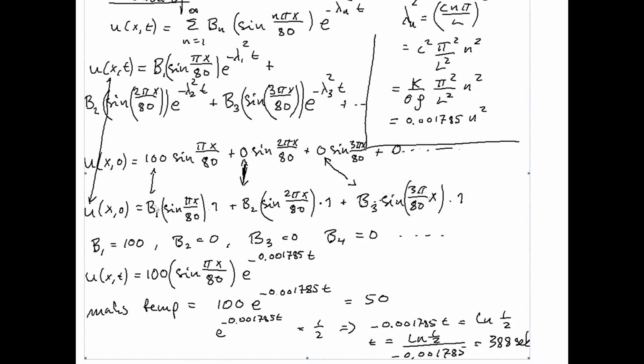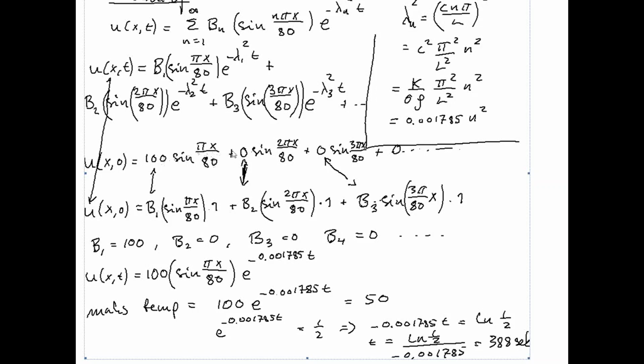And just to compare, this term is very similar to this term, and in such cases, when there is such a similarity, it's rather easy to find the coefficients b1, b2, b3, and so on, because we know that this is the only expression for the initial temperature.